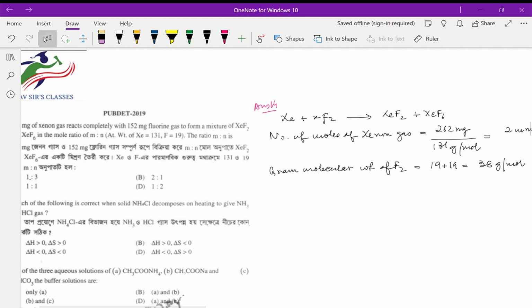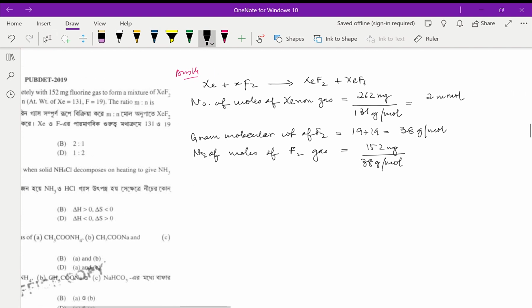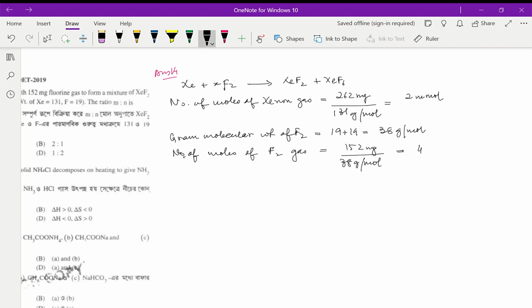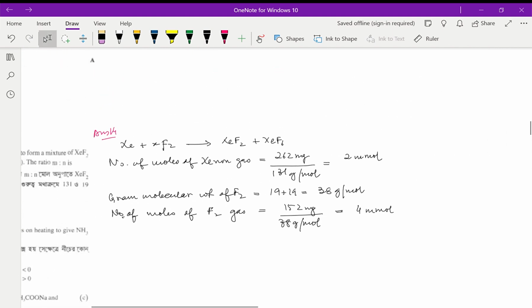So if we calculate the number of moles of the F2 gas, that is the given weight, which is 152 milligram divided by 38 gram per mole, and we can say this is going to be 4 millimoles.